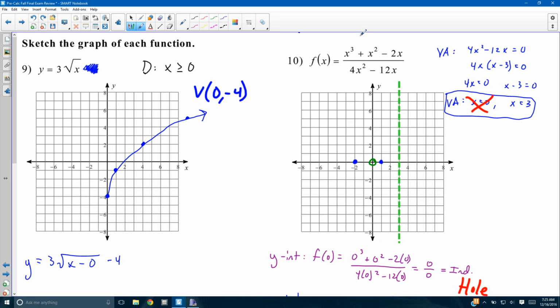But I can factor an x out on top and an x out on bottom. And if I factor those things out, f of x would be x times x squared plus x minus 2 over x times 4x minus 12. They would cancel then, right? X over x is 1, and so now you're left with this.